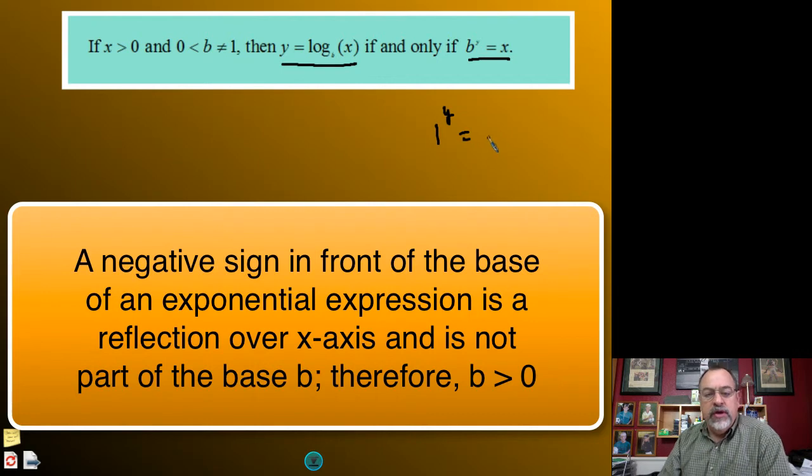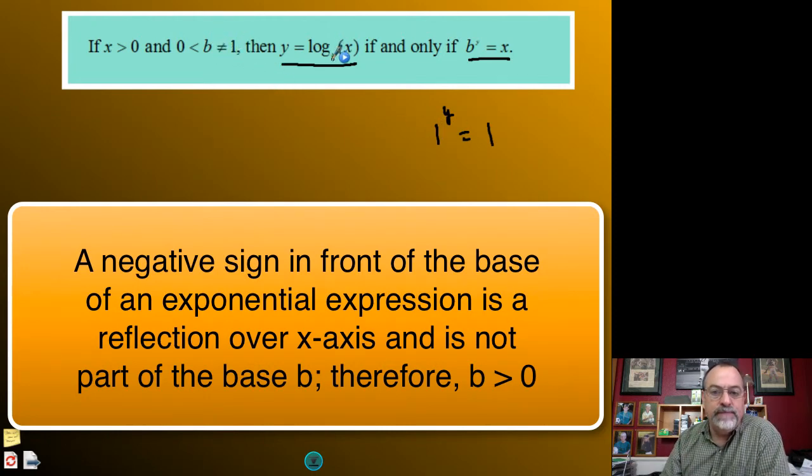Well, if the base is 1, this x value is always going to be 1, because 1 to any power is 1. 1 squared is 1. 1 to the 4th is 1. 1 to the 8th is 1. 1 to the 100th power is 1. So if my base is a 1, this expression becomes useless, because this x value is always going to be a 1.